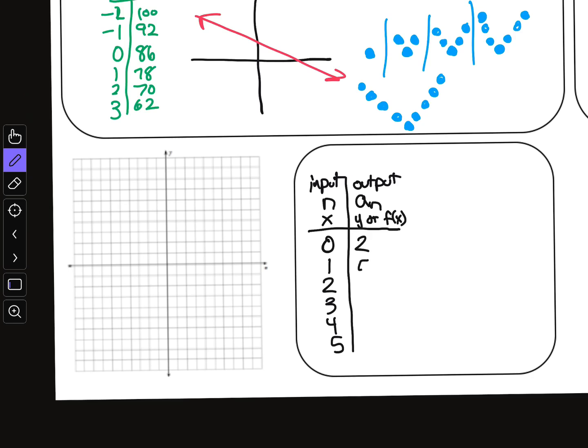So let's go to 5, 8, 11, 14, and 17. Okay, so this would be an arithmetic pattern, right? Because we're adding 3 each time. Okay, so for an equation, we might write something like this, right? Y equals our starting number, and we added 3 every time. Okay, so we go y equals 2 plus 3x.